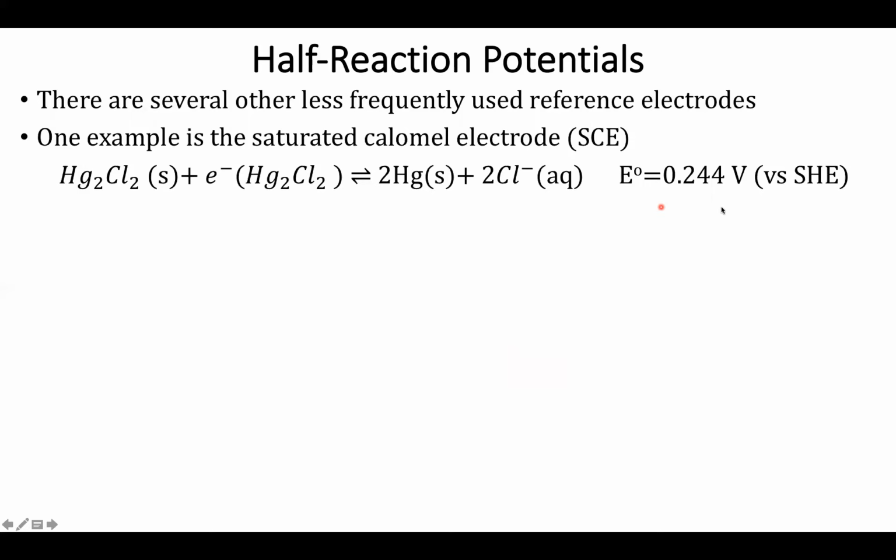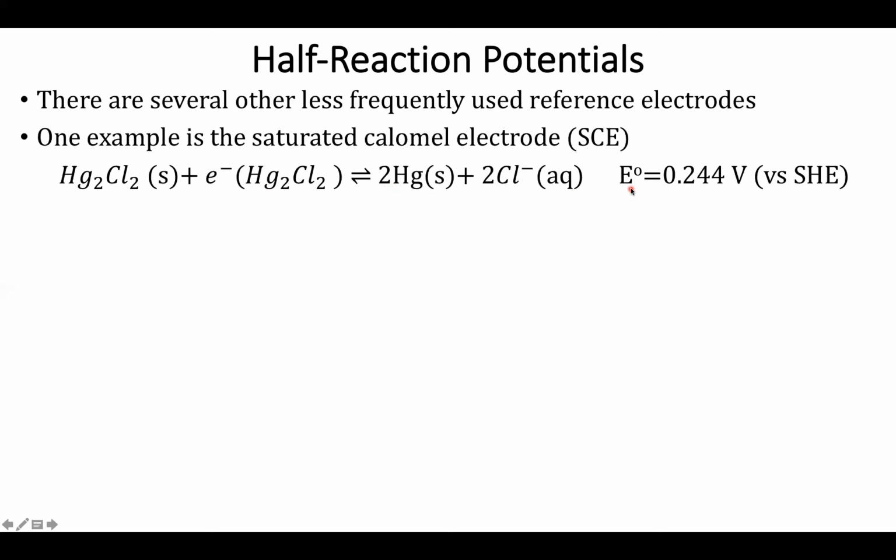And as you may notice, they do have different potentials. However, in deference to the silver chloride electrode, the SCE electrode is much older, and it is an incredibly accurate system. And what it does is it makes use of mercury chloride solid, more commonly known as calomel, which when it is reduced by 2 electrons, will produce mercury liquid and chloride ions.